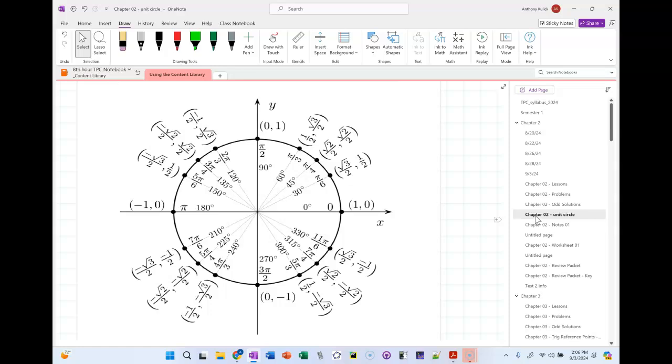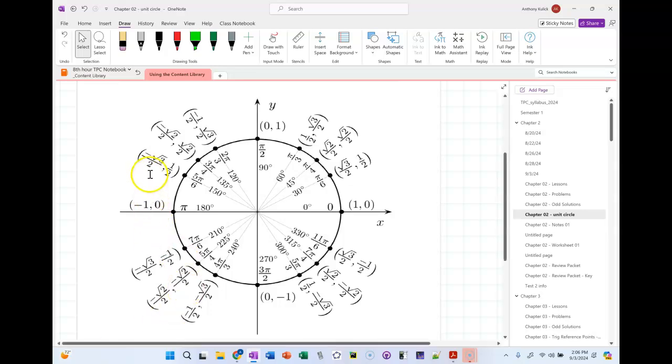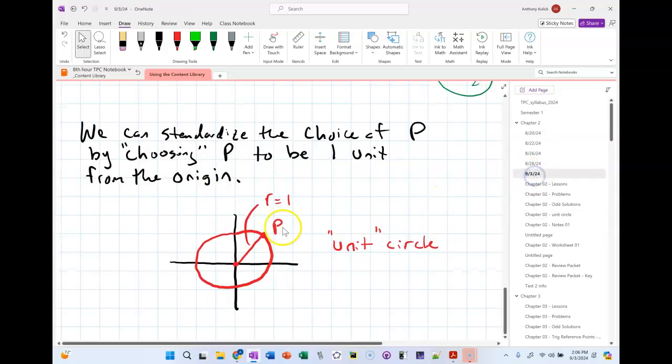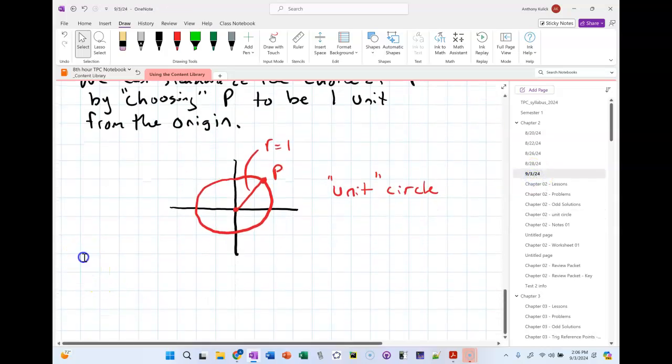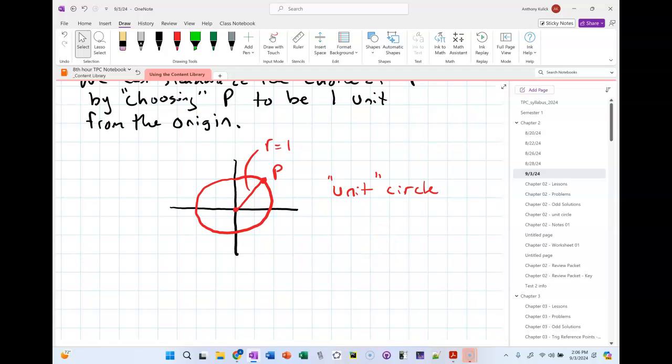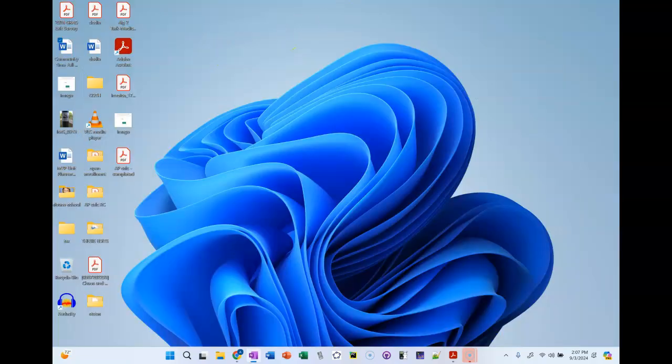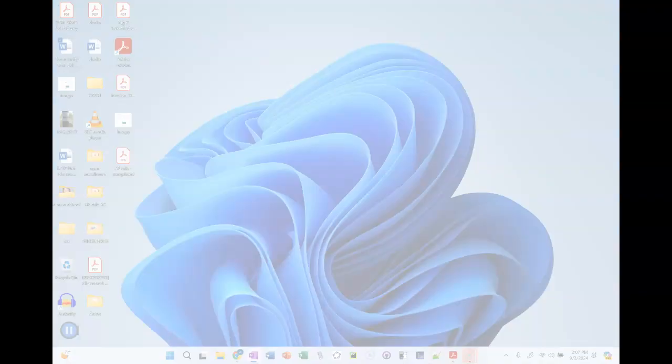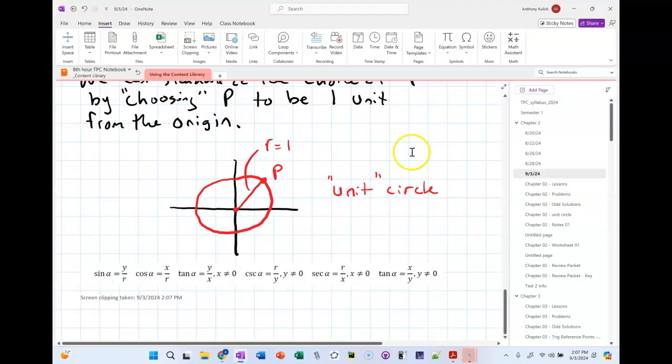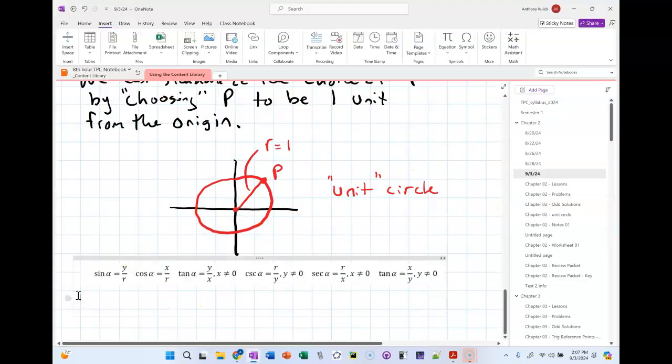And using that little right triangle, we could say that cosine was, oh shoot, I forgot to do something. Let's pause here for a second. I'm sorry, I got ahead of myself. So we had our point definition for sine, cosine, tangent, etc., right?